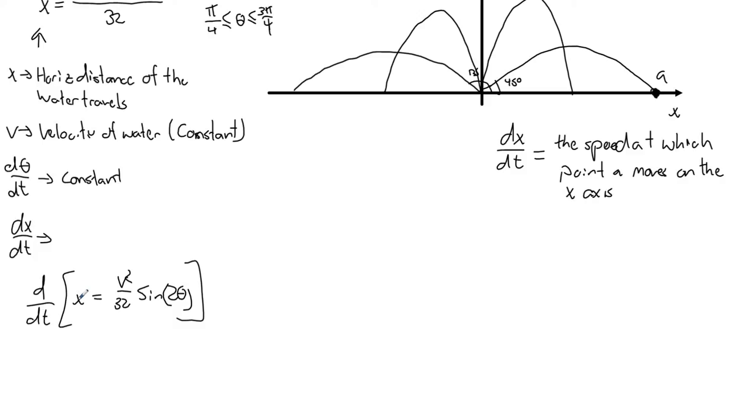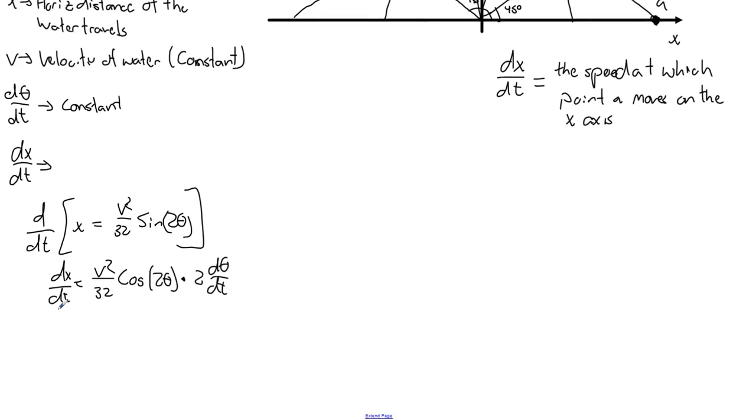And so the derivative of x with respect to t is dx over dt. I leave the constant alone, v squared over 32, and then the derivative of sine is cosine, but because I have a chain rule here, I leave the inside alone and then do the derivative of that, which would be 2 d theta over dt.